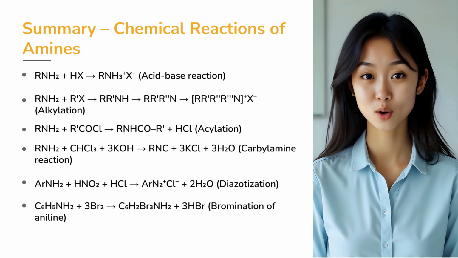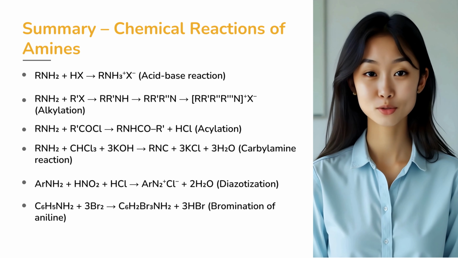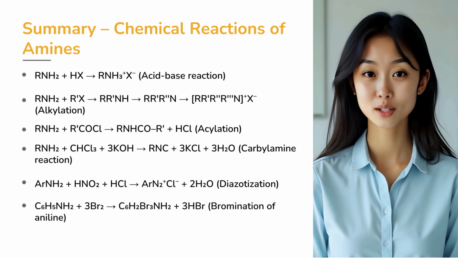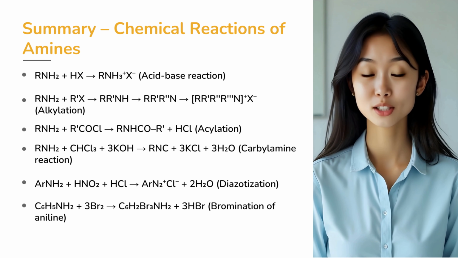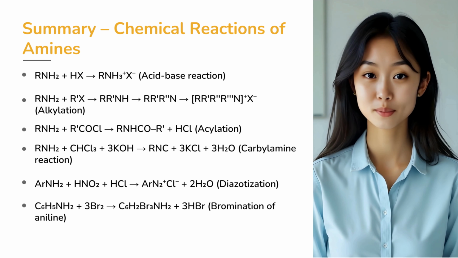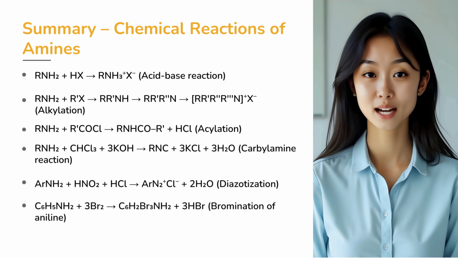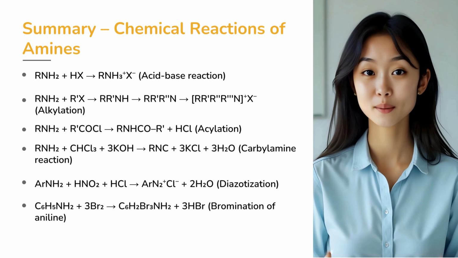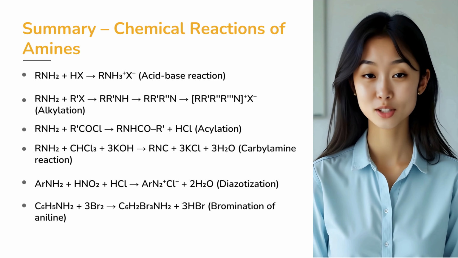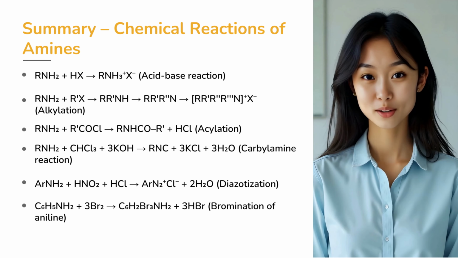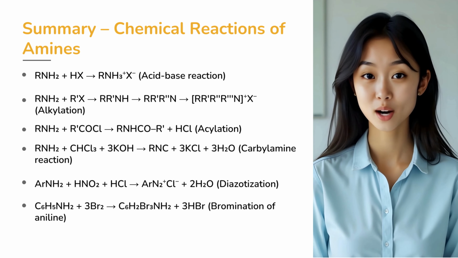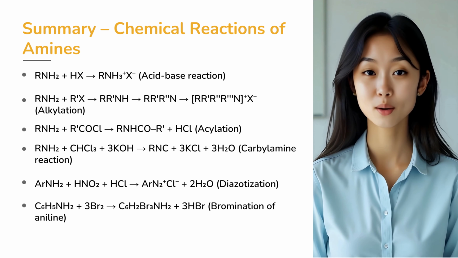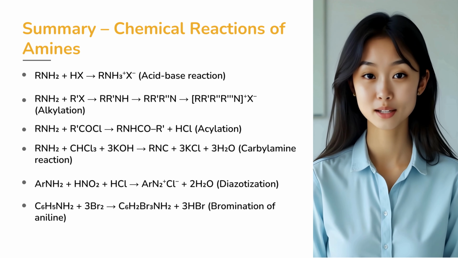Alternatively, heating with water converts the diazonium salt into phenol and nitrogen gas, while reduction with hypophosphorus acid swaps the diazonium group for hydrogen, eliminating amino groups. Finally, coupling these diazonium salts with phenols or aromatic amines forms azo compounds, bright azo dyes used in industries. So, from one reactive intermediate, we can build a chemical toolkit for synthesizing a wide range of functional aromatic compounds, a true chemist's Swiss Army knife.